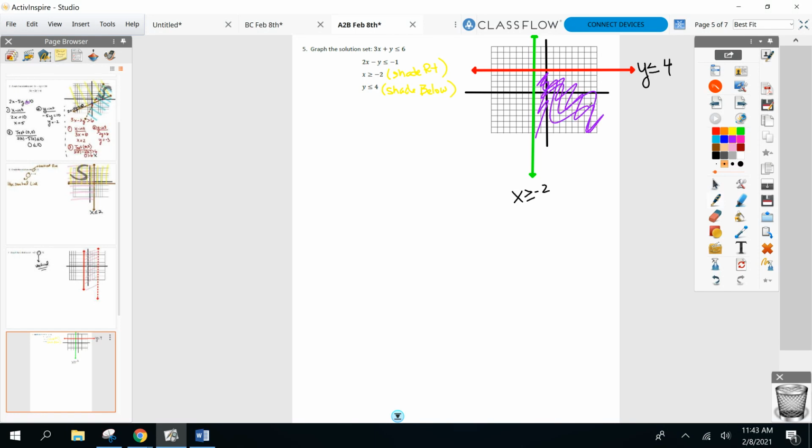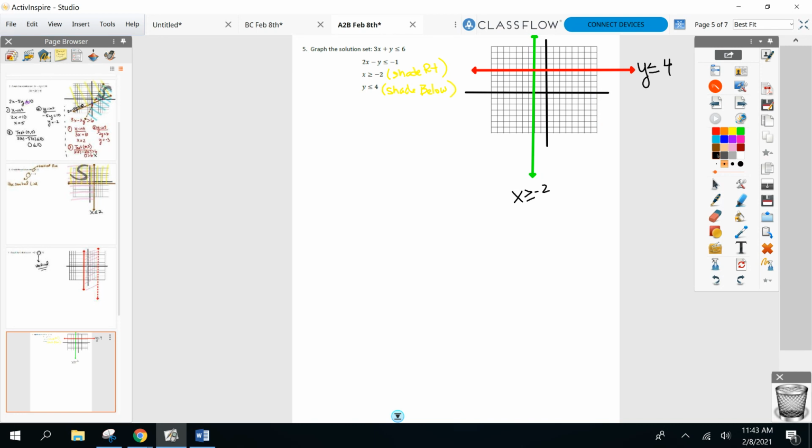I don't want to shade yet, but you're in agreement with me. My final shaded region is going to be somewhere in that purple area. I want to make that purple area smaller now by graphing another line. So somewhere in this square to the bottom right is going to be my final shading.